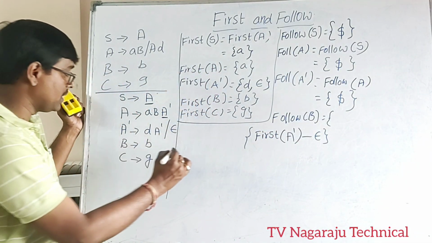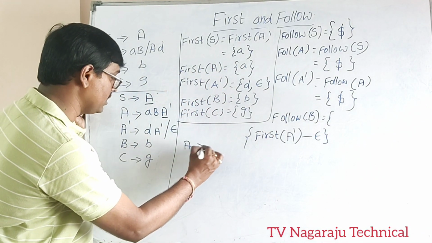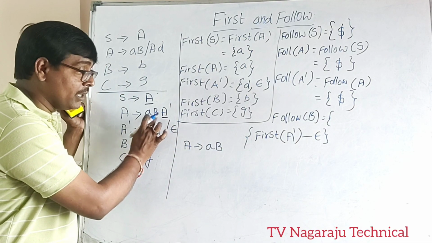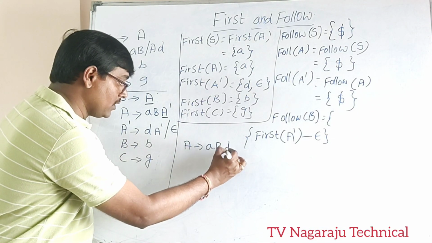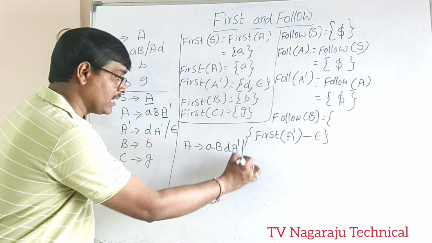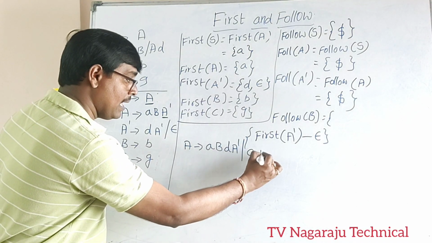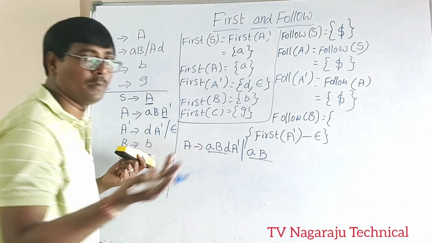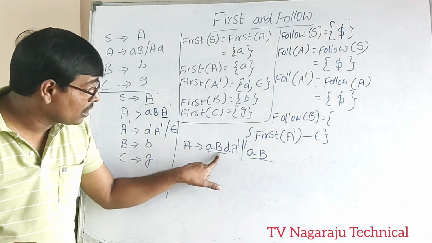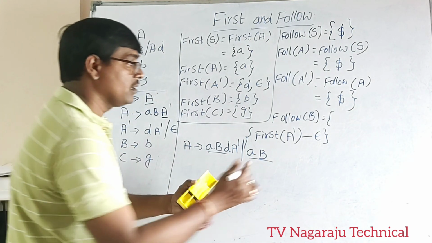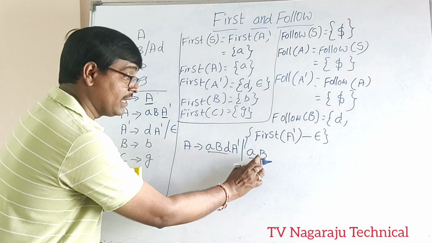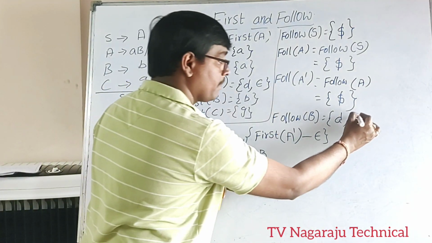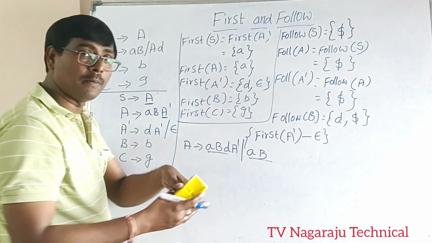For simplicity I will write it like this: A → aBA'. After B, A' is replaced with either dA' or with epsilon. These are the two possible productions. Now what is the follow of B? Small d. And when nothing is after B, obviously follow of A.